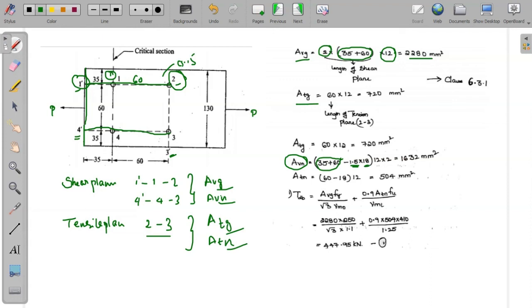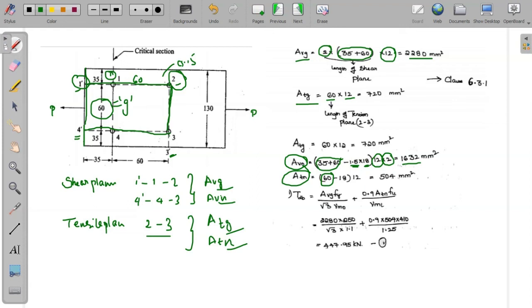18 is the hole diameter here, so you have to put 18 there. Then I multiply by 2, since there are 2 planes, times 12 thickness. I got this. Now similarly, let us find out this tensile plane 2-3. సో 2-3 ఎంత ఇచ్చాడండి, 60. గేజ్ లెంత్ అంటారు దీన్ని, గేజ్ లెంత్ G 60 ఇచ్చాడు. So 60 × 12 will give you the Atg, the gross area. కానీ నెట్ ఏరియా కావాలంటే ఏం చేయాలి, గ్రాస్ ఏరియా నుంచి బోల్ట్ హోల్ది తీసేయాలి. Atn అవుతుంది 60 మైనస్ ఆఫ్ ఈ 2 బోల్ట్ యొక్క సెంటర్ నుంచి 3 బోల్ట్ యొక్క సెంటర్కి, అంటే ఇందులో హాఫ్ ఇందులో హాఫ్, అంటే ఒక బోల్ట్ మాత్రమే తీయాలి బయటికి.